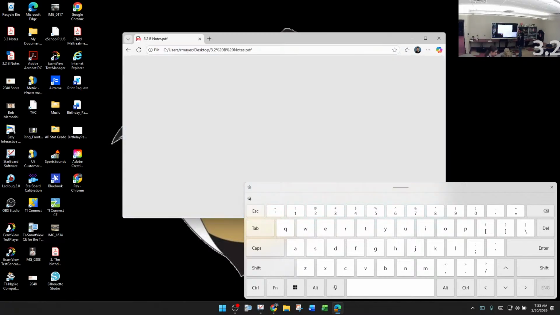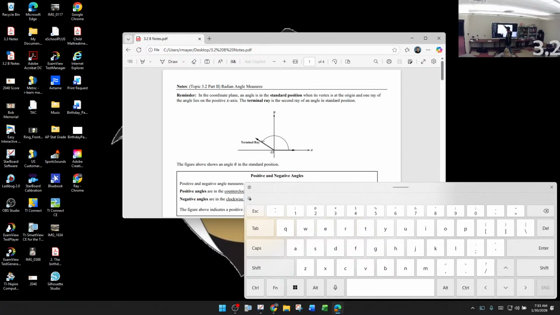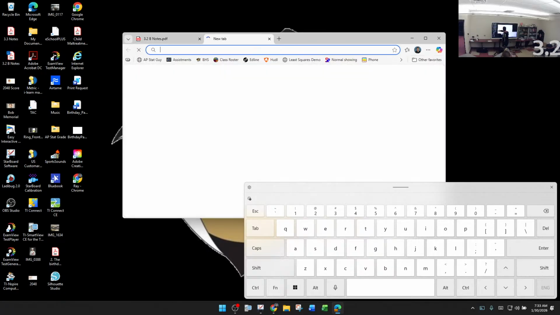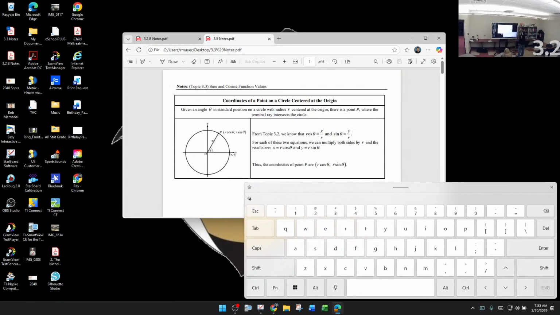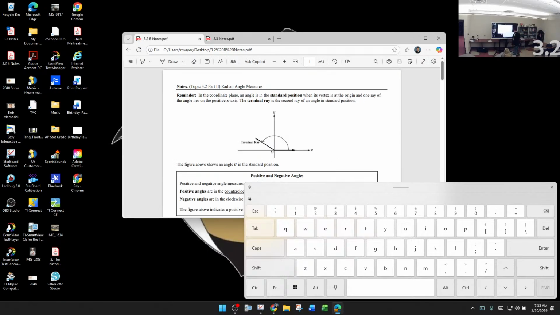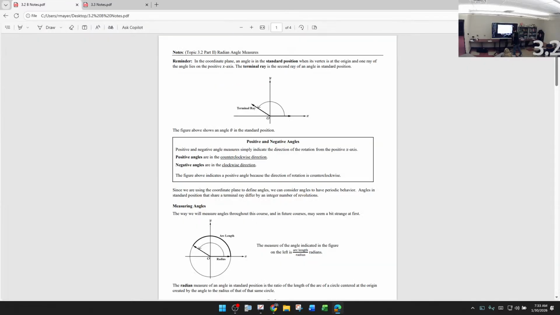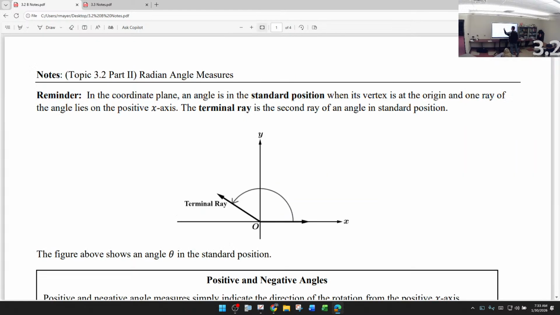Beautiful. Let's go ahead and put 3.3 notes here. Enter. 3.3 notes. Beautiful.